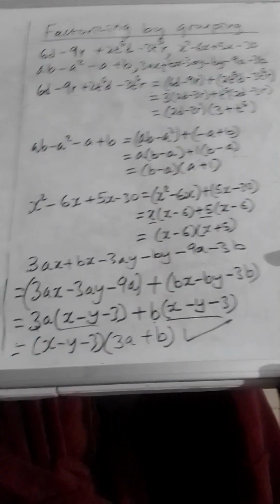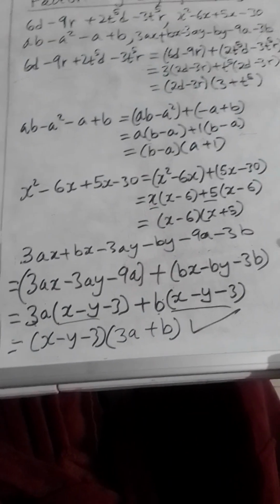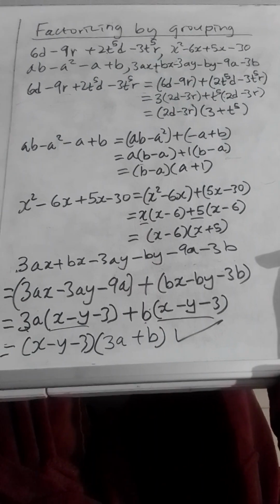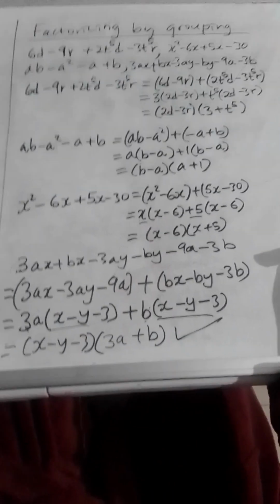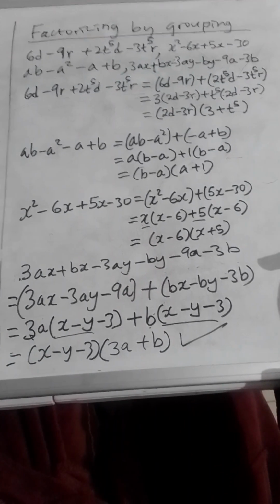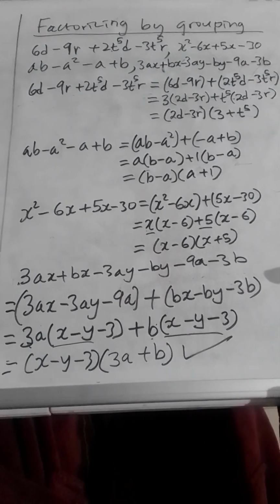So when you see an expression with an even number of terms from 4 upwards, just know that sometimes you can factorize it by grouping. In fact, most of the time, you're most likely to be able to factorize it by grouping in pairs or triples.